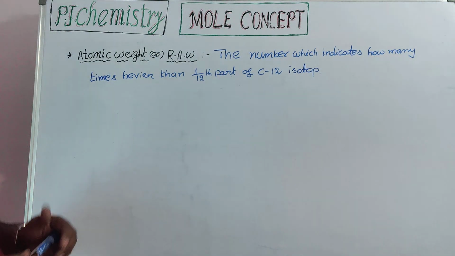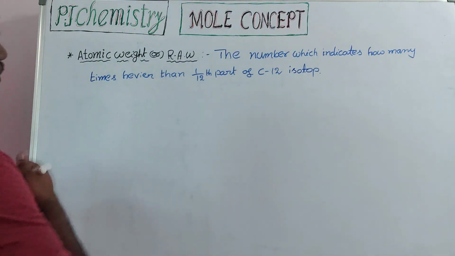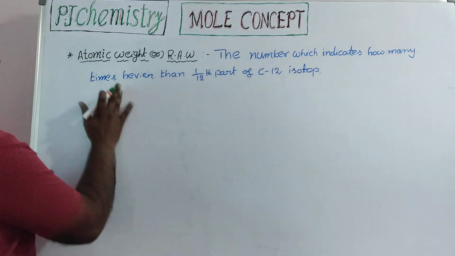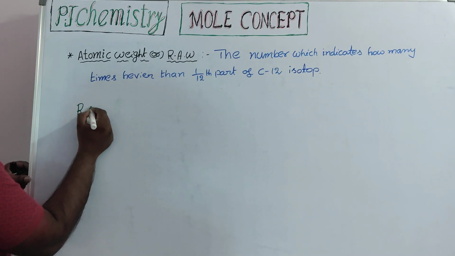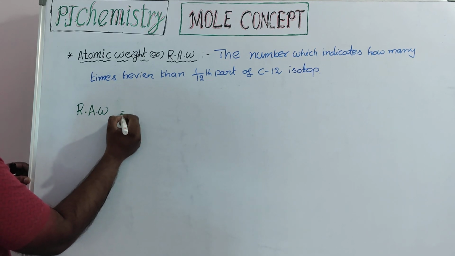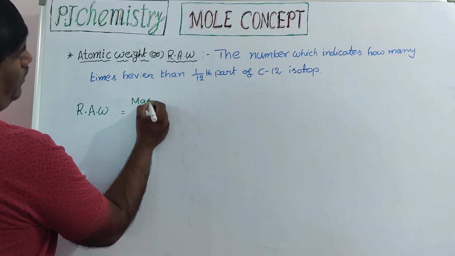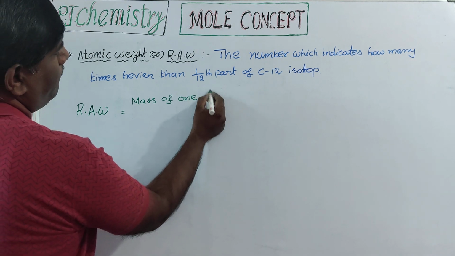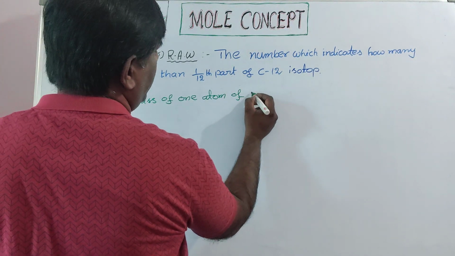See the formula now. Relative atomic weight formula, or atomic weight formula: relative atomic weight is equal to the mass of one atom of an element.